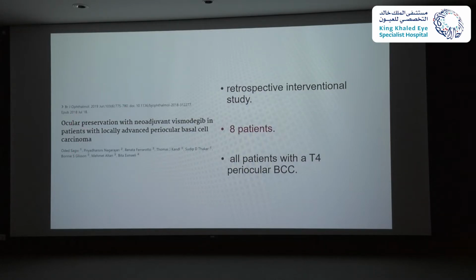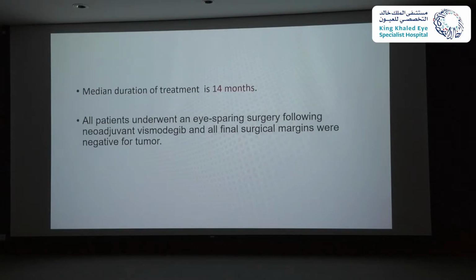It was a retrospective interventional study. They included 8 patients, all with T4 periocular basal cell carcinoma. The indications for neoadjuvant treatment were unresectable tumor in 1 patient, an attempt to avoid orbital exenteration in 6 patients, and an attempt to avoid disfiguring facial surgery in 1 patient.